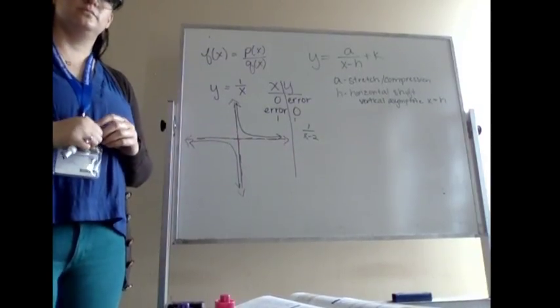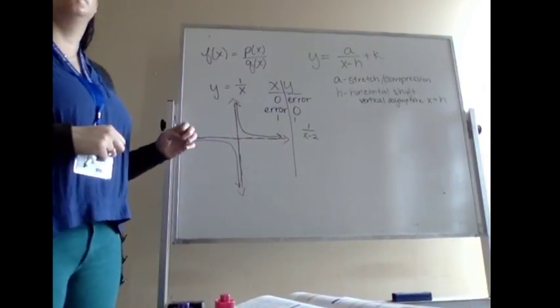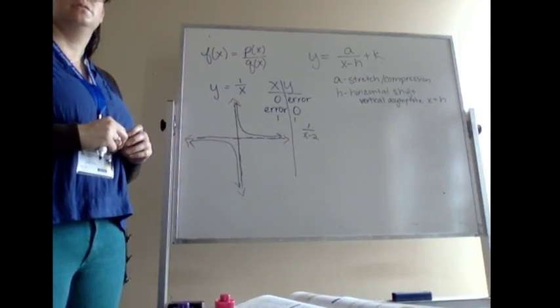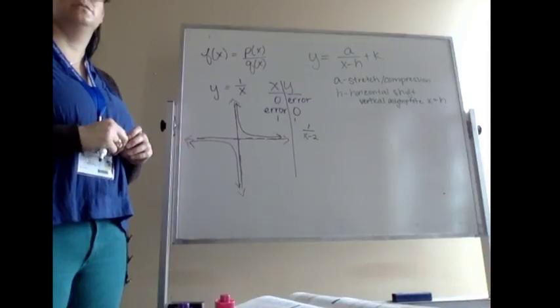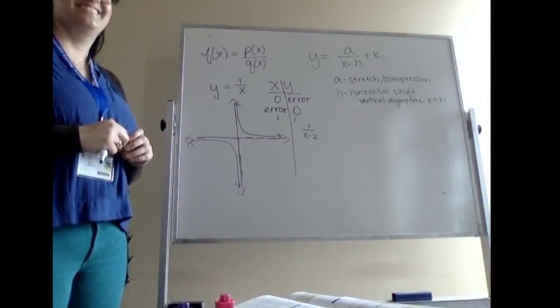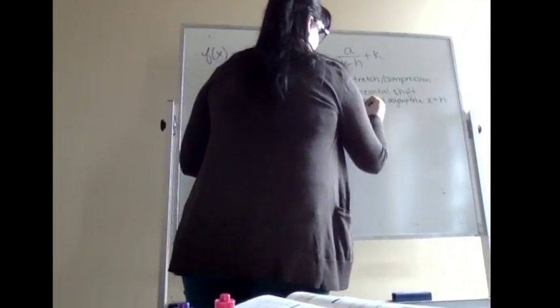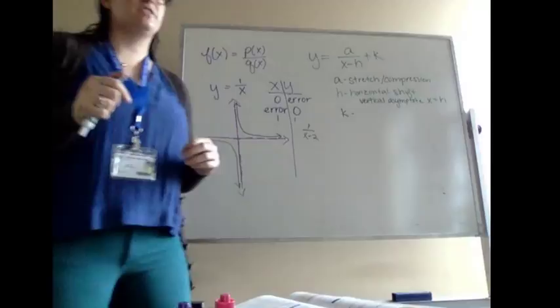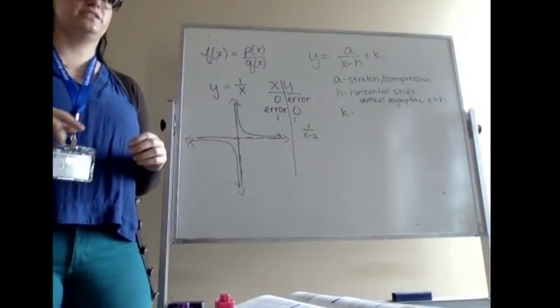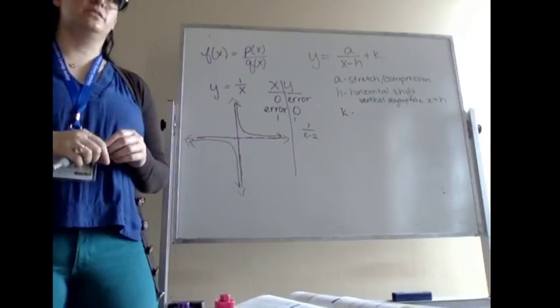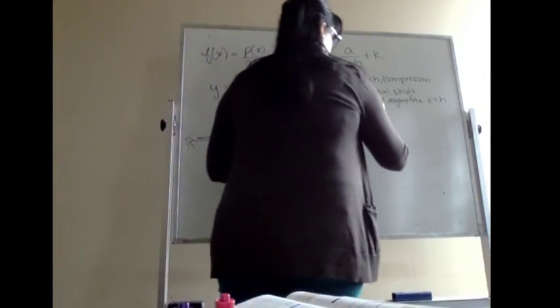So it shifts the asymptote of the graph. So when you're graphing, the easiest way to graph these with the shifts is to graph the asymptotes and then just draw the graph hugging it. Okay, K is a vertical shift.